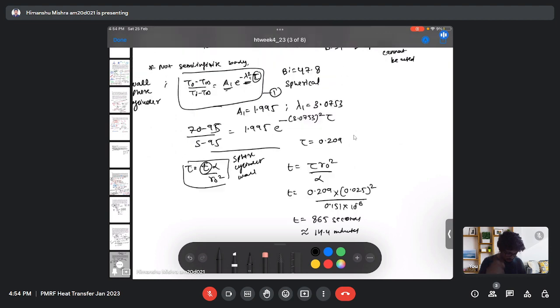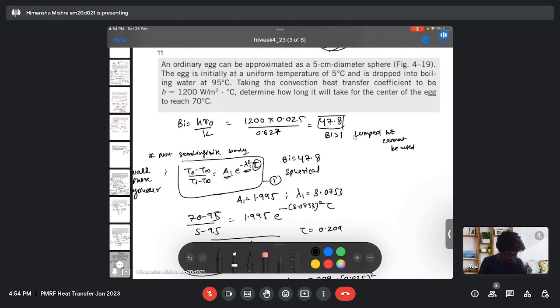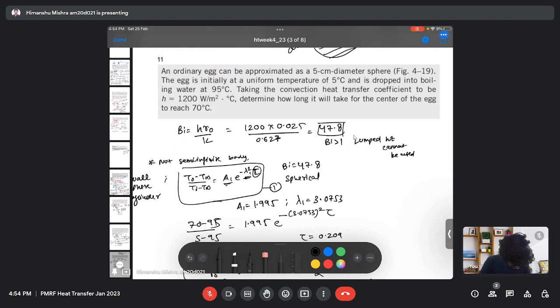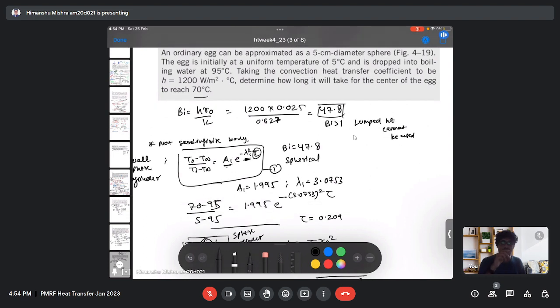In this question, we need to find the time at which the temperature will reach 70 degrees Celsius. We already have all the temperatures given, and since the Biot number is greater than 1, we cannot use the lumped heat transfer analysis here. This is also not a semi-infinite body, so we cannot use a pre-existing relation.